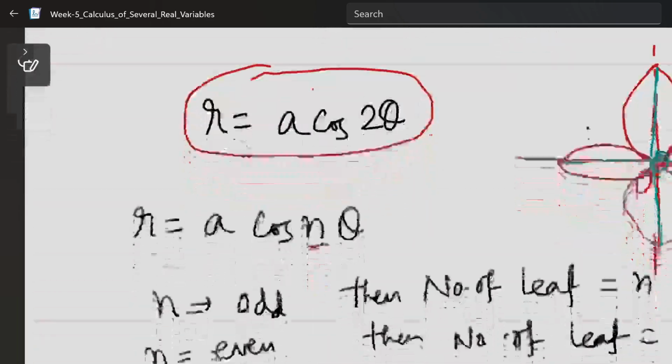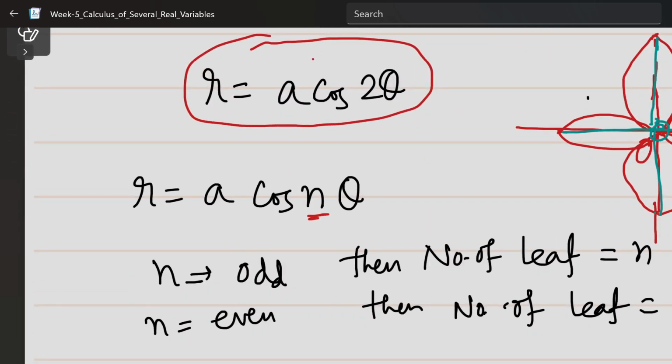So what about r equal to a cos 3 theta? As I told you, 3 is odd, so the number of leaves is odd. It will look like this: this is one, here it is one, and here it is one.